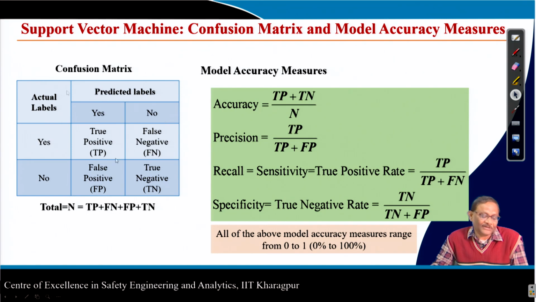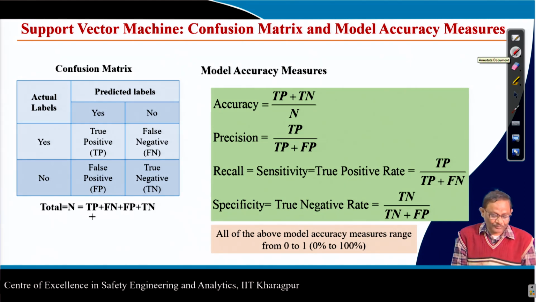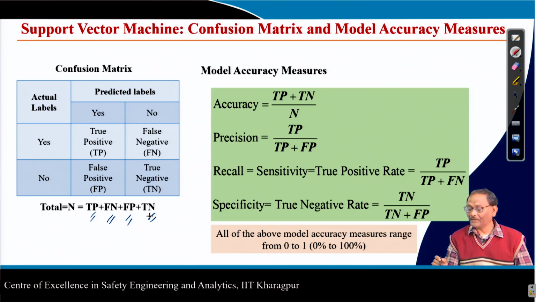So in the test data, suppose n data points are considered, then n will be the sum total of true positive plus false negative plus false positive plus true negative.